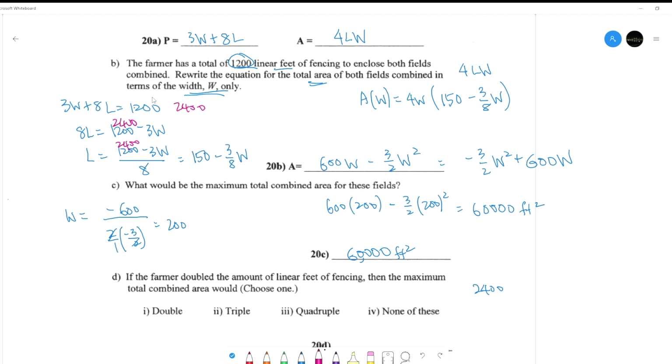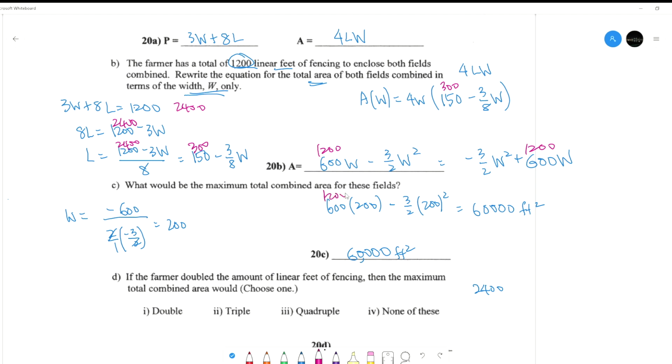And what does that mean? That means 2400 over 8 is 300. So this would change to 300 minus 3/8 w. Does that make sense? So this would be 300, and it would be 300 times 4, so this would be 1200. You see the effect that this is having over here? So what does that mean? That means my B is 1200, not 600, right?